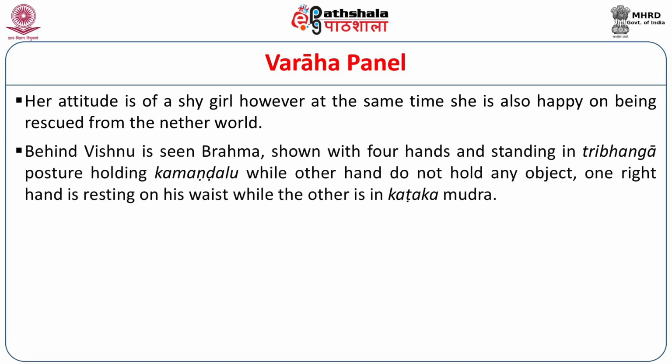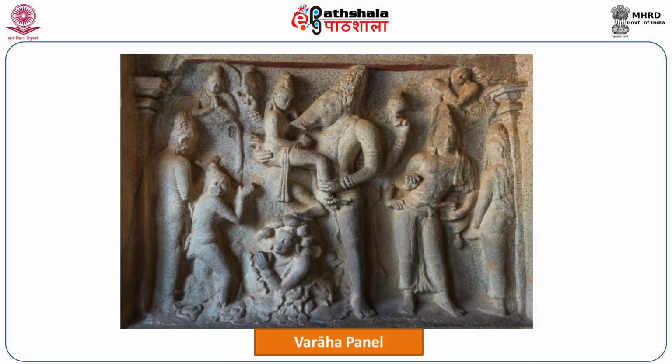Behind Vishnu is seen Brahma, shown with 4 hands and standing in Tribhanga posture, holding a Kamandalu, while the other hands do not hold any object. One right hand is resting on his waist, while the other is in Kataka Mudra. So you could see the Varaha panel.